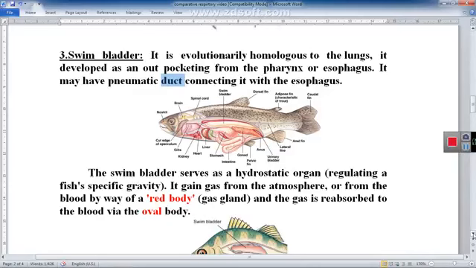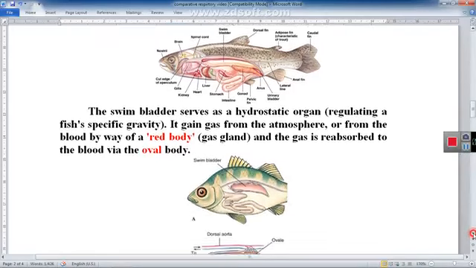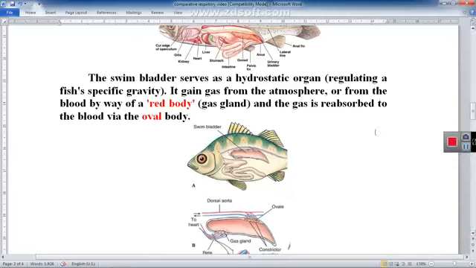The function of the swim bladder is usually to act as a hydrostatic organ, as the quantity of air in it regulates the specific gravity of the fish. When there is much air, the fish will be at a higher level in water, and if the air in the swim bladder decreases, the fish will go down inside the water.